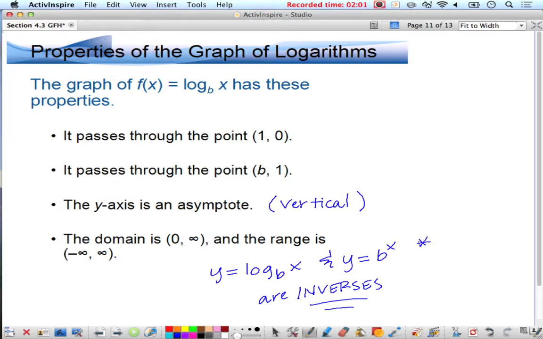If you don't know how to graph a logarithm, graph its inverse with the same base, and then just switch the x's and y's. That's a really easy way to graph a logarithm, especially because our calculator doesn't easily handle anything except base 10 and base e. So you can do it by hand very easily by graphing the exponential and then switching the x's and y's.